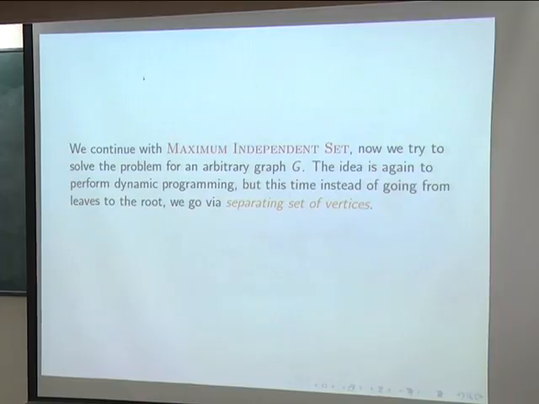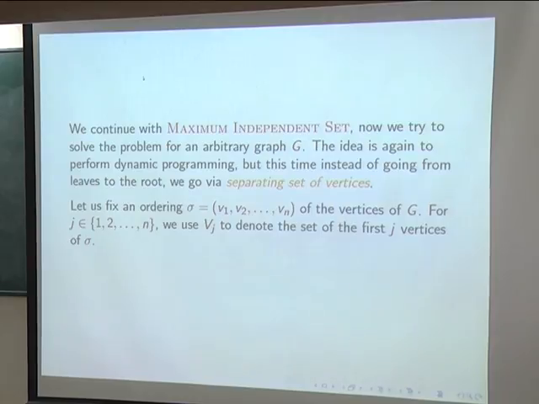The idea is again to perform dynamic programming, but this time instead of going from leaves to the root, we go via what I call a separating set of vertices. I'm sure you don't understand this jargon yet, but you will understand in a minute. How we are going to do it, I'll show you in a minute.